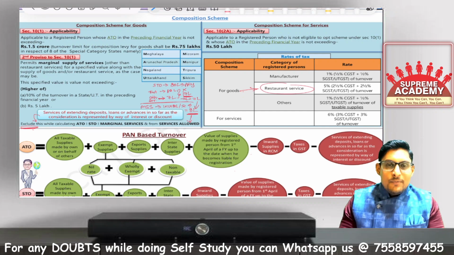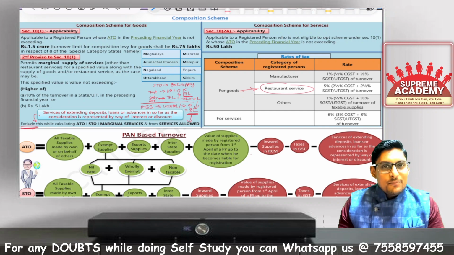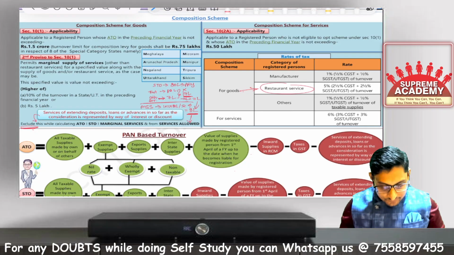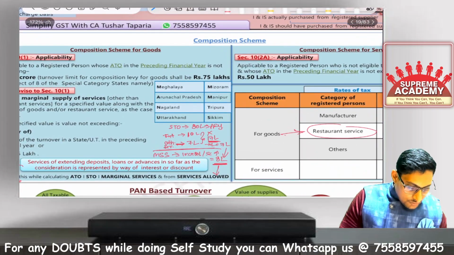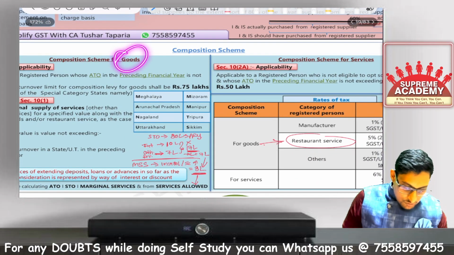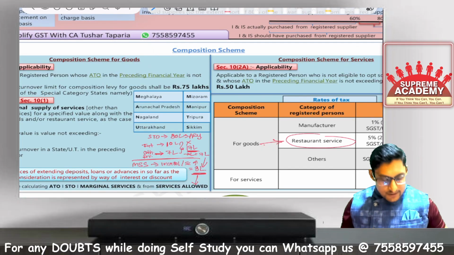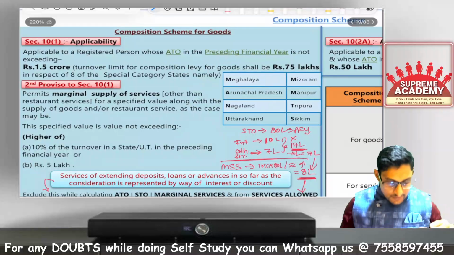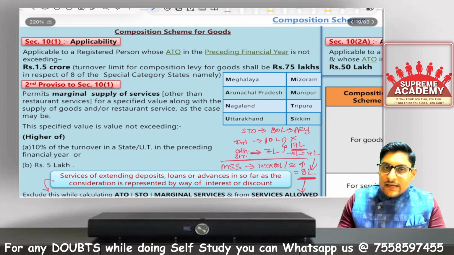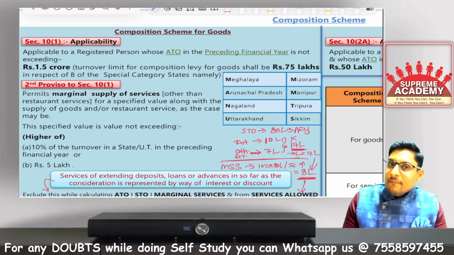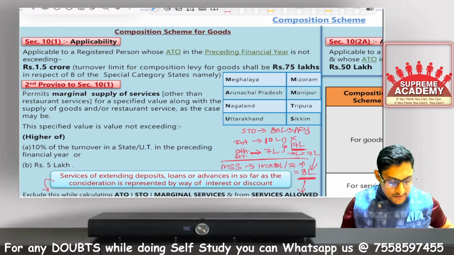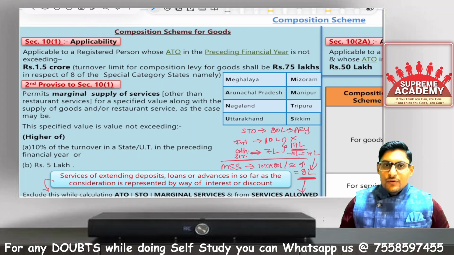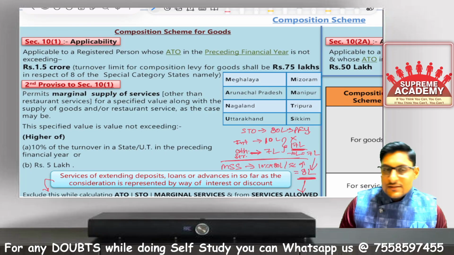Now, continuing with the provisional part of this scheme, composition scheme section number 10. There are two types of composition scheme, for goods and for services. First of all, we are going to understand the composition scheme for goods. Section 10(1), applicability. In case of composition scheme for goods, check the applicability first. Who can apply for the composition scheme?